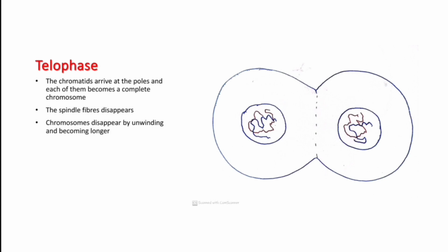Okay, you cannot see them with your naked eyes. They have unwound. And then the nucleolus and the nuclear membrane reappear. We can see that the nuclear membrane has reappeared. We now have the nucleus, and then inside the nucleus we have these genetic materials known as the chromosomes.